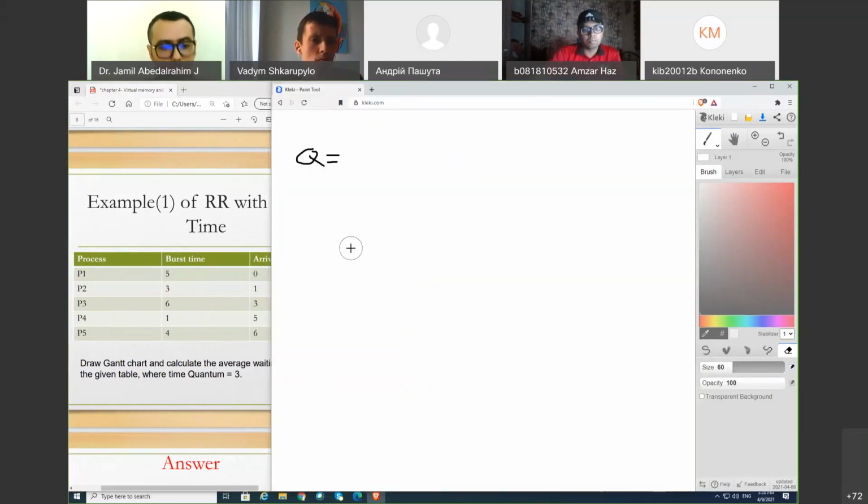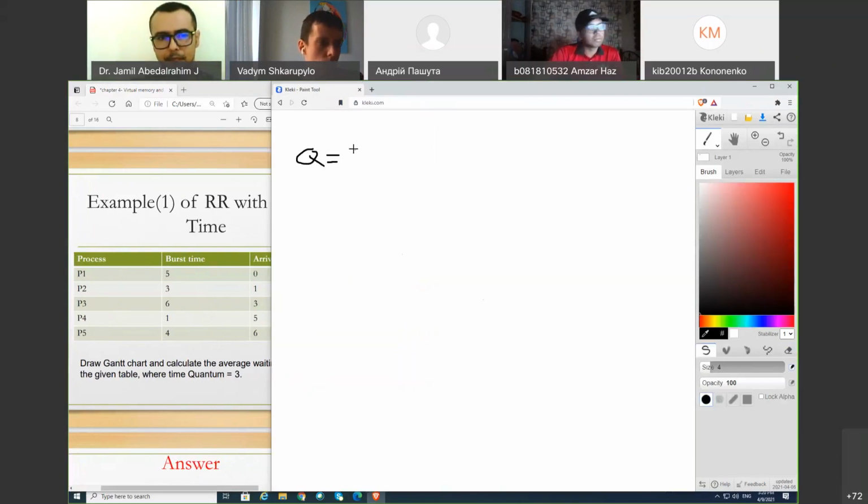Okay, so this is the question here. The given quantum is 3 units. We have also 5 processes. Each process has burst time or execution time and arrival time.